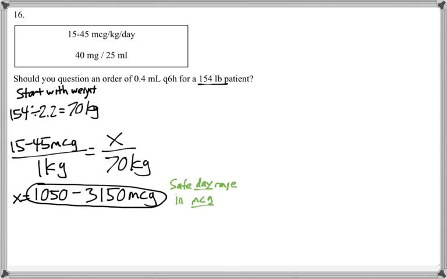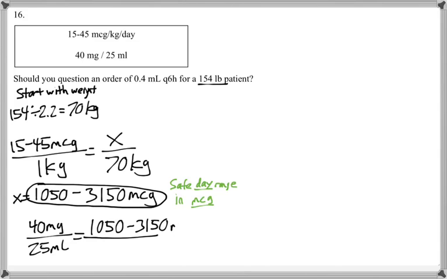So next I'm going to convert my range into liquid form, into milliliters, and I do this using the solution strength. So I find my solution strength, 40 milligrams over 25 ml is equal to 1,050 to 3,150 micrograms.